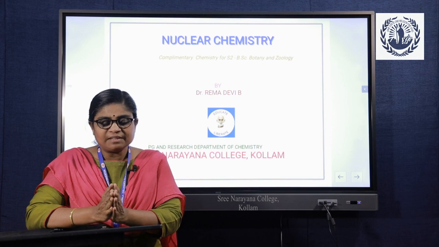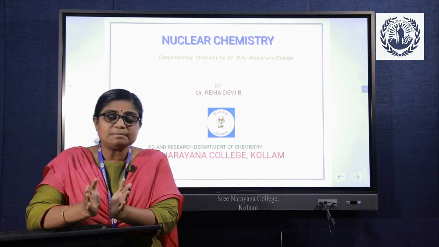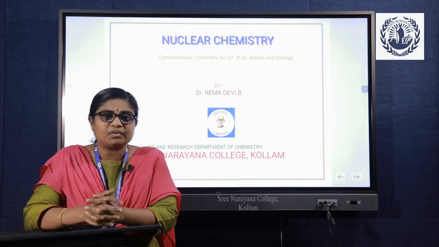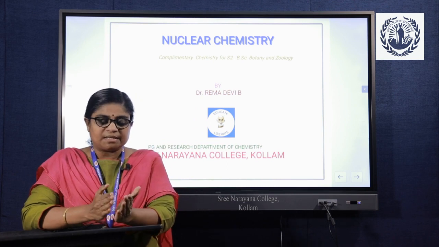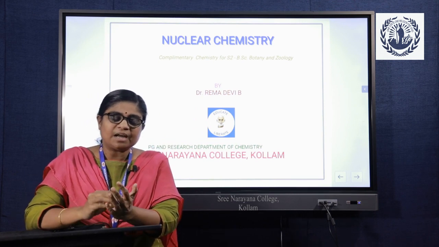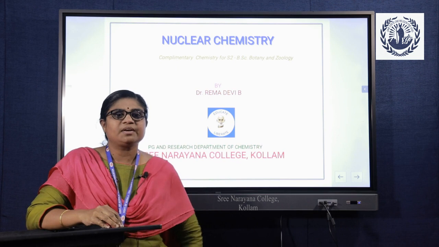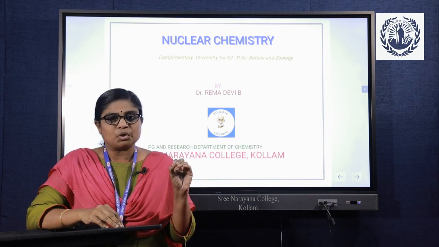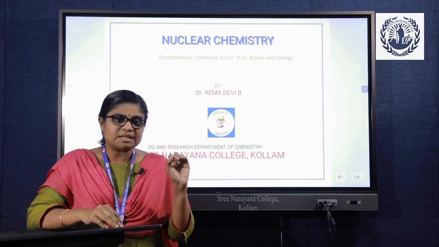We have a theory, that is nuclear stability belt, that we will discuss later in our class, but according to that, inside the nucleus we are having neutrons and protons, right? The number of neutrons is represented by small letter n.